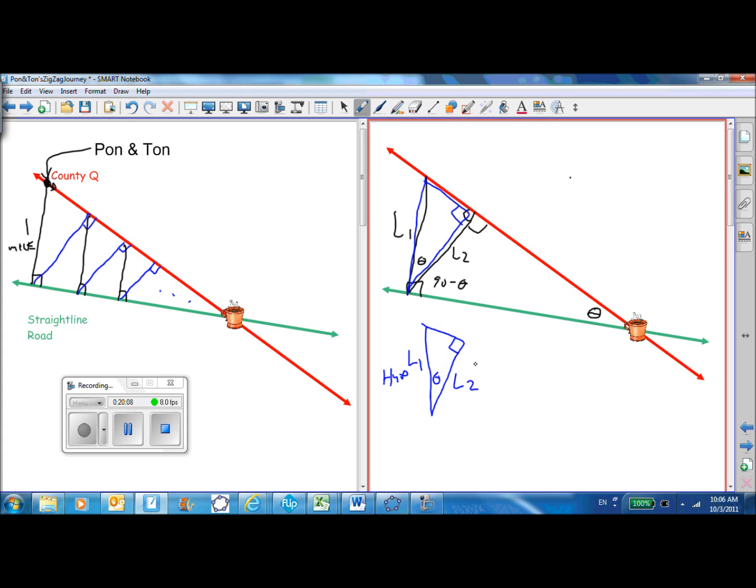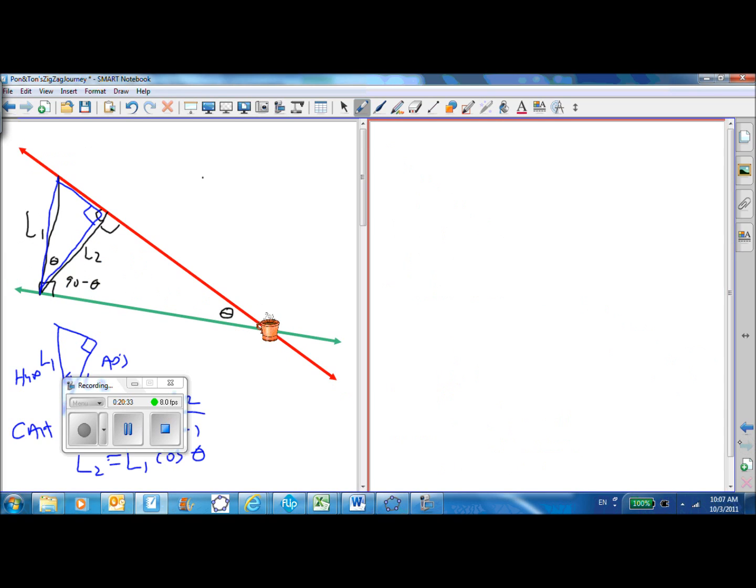Hypotenuse. And this is the adjacent side. Ha ha ha. No. SOH-CAH-TOA, cosine. The cosine of theta equals the adjacent side L2 over the hypotenuse L1. So L2 equals L1 times the cosine of theta.